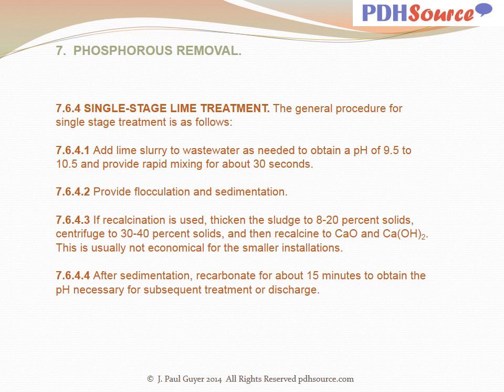If recalcination is used, thicken the sludge to 8 to 20% solids, centrifuge to 30 to 40% solids, and then recalcine to calcium oxide and calcium hydroxide. This is usually not economical for smaller installations. After sedimentation, recarbonate for about 15 minutes to obtain the pH necessary for subsequent treatment or discharge.